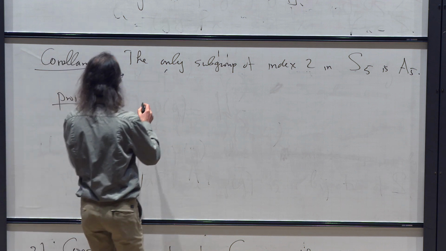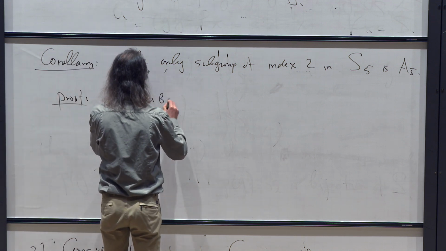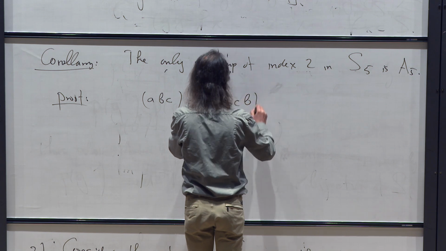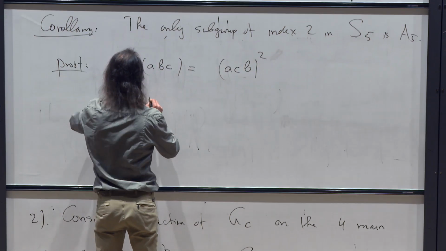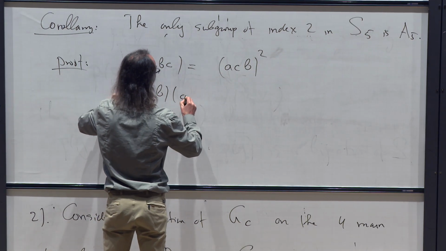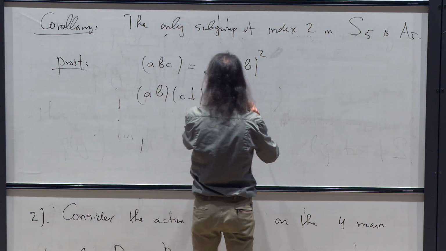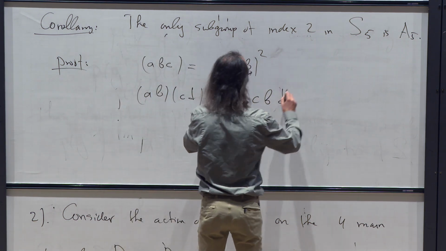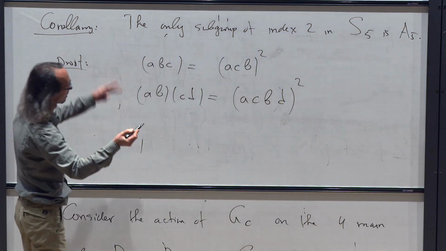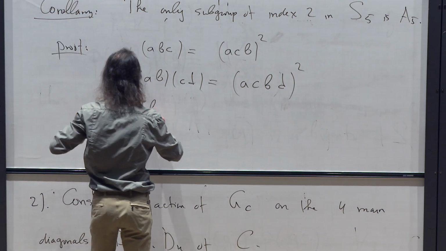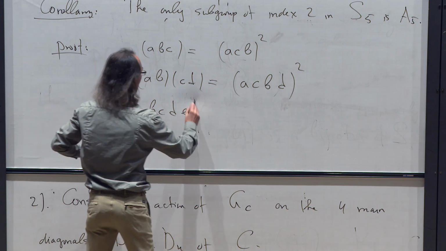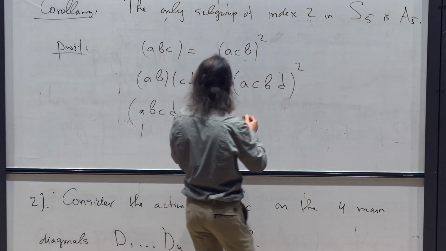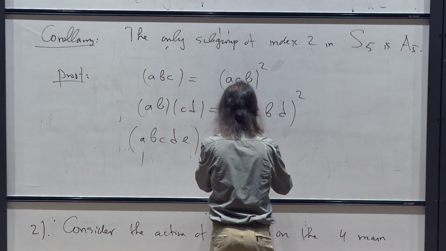So, for example, look at this. (a b c) is actually the square of (a c b). (a b c d) is the square of (a c b d) squared. (a b c d e), the 5-cycle, will be the square of its third power.